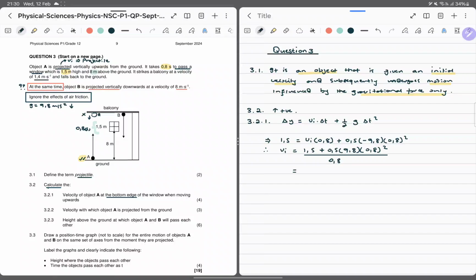If you're doing it all at once, be very careful to appreciate the dynamics of the signs, or else you will go wrong, even when knowing what to do. So I'm getting an answer of, to 2 decimal places, 5,80 meters per second upwards. Remember the question said velocity.